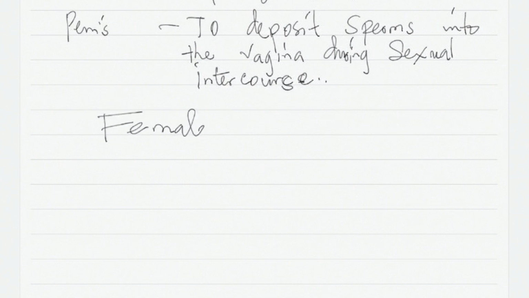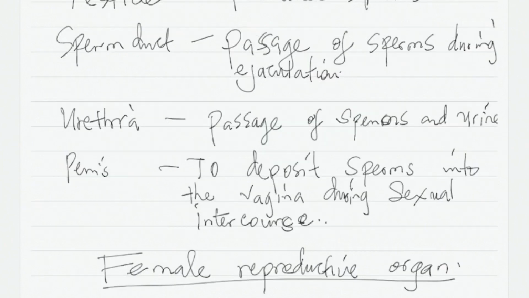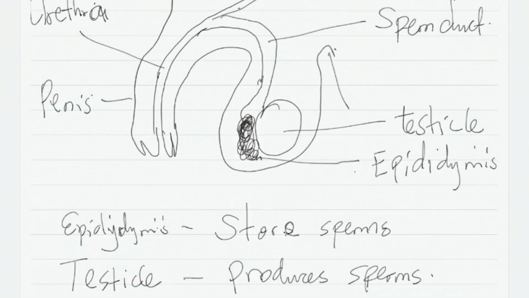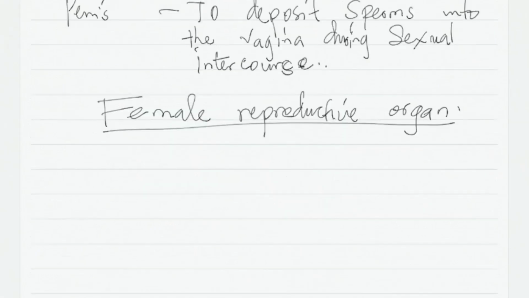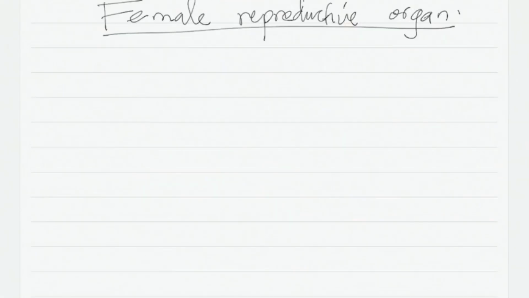So, having said that, let us look also at the female reproductive organ. We are going to use the same format where we bring in the diagram, label it, and then state the functions of each part, so that as we come to answer the questions, we will have a very clear picture of what we are talking about.